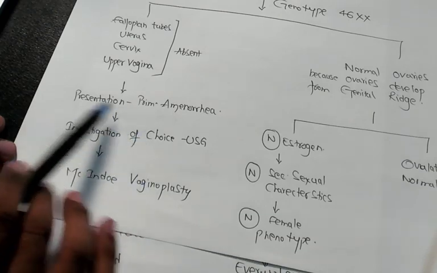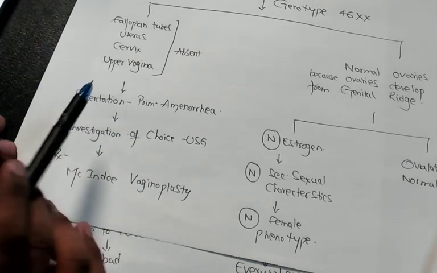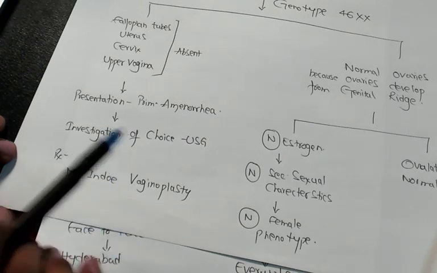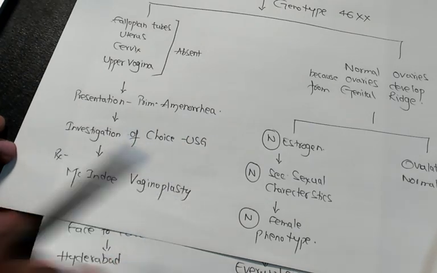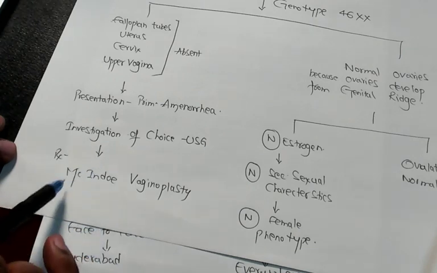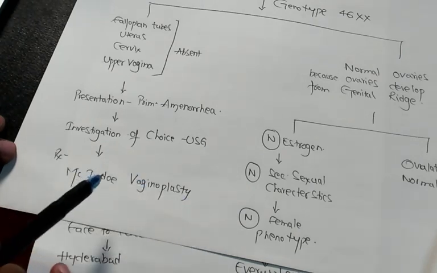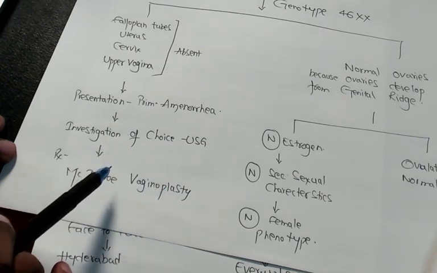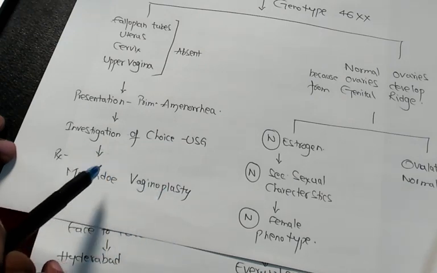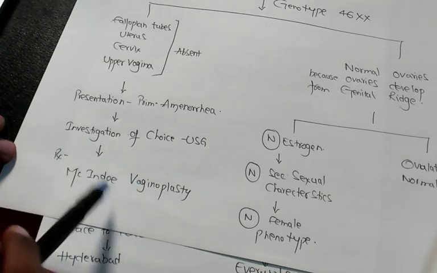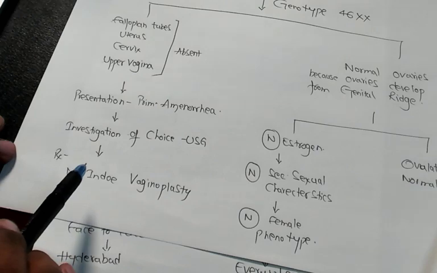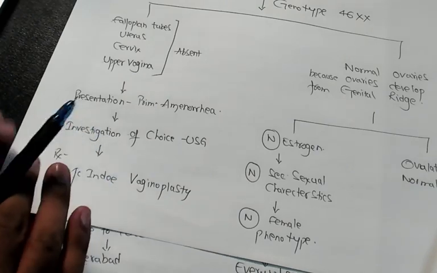To menstruate, to become pregnant, to produce children, that is a different story. But to enjoy a happy conjugal sexual relationship is the most essential part of life. So McIndoe's vaginoplasty needs to be done, where reconstruction of the vagina is done, preferably before marriage or after marriage, it doesn't matter, when the woman starts the sexual life.